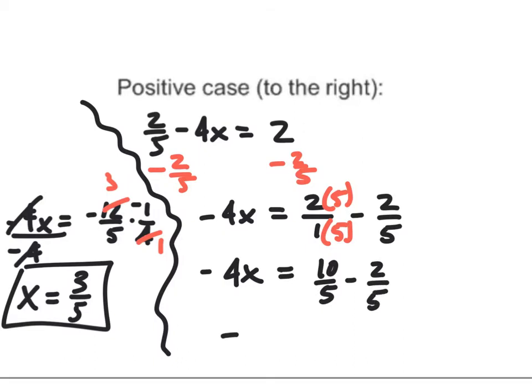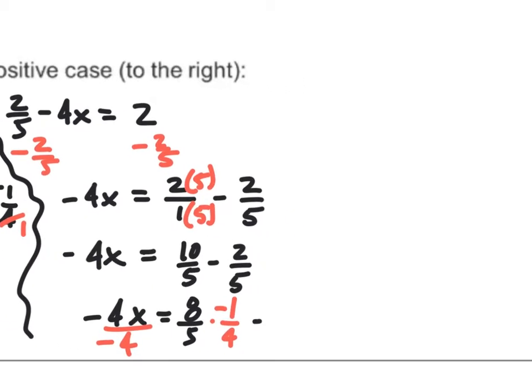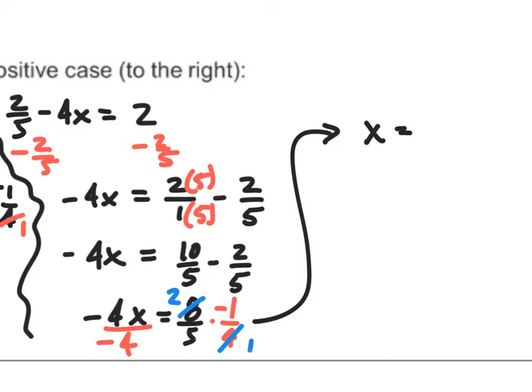And so then I get negative 4x is equal to 8/5. If I divide both sides by negative 4, or multiply by negative 1/4, then I get that x is equal to, and the 8 and the 4 divide out to 2 over 1. So I just get negative 2/5. Got to account for that negative 1 times 2 over 5. So I get negative 2/5.